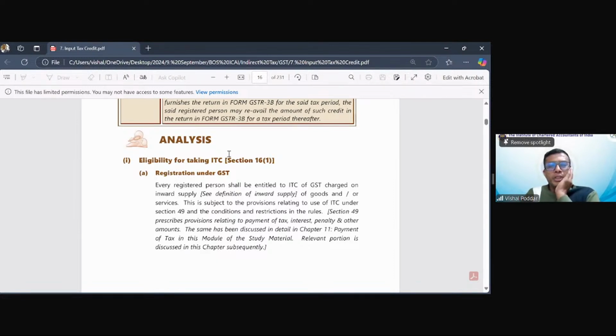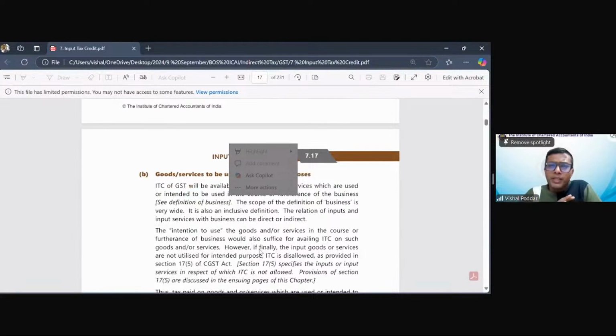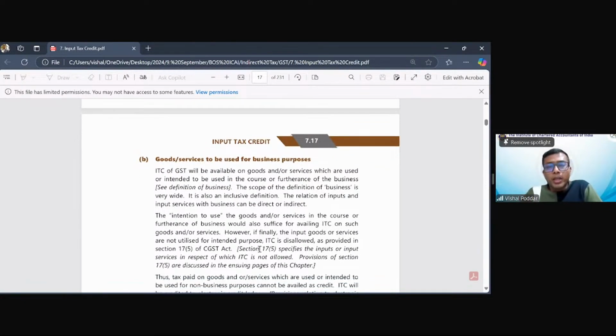Now, 16.1, the eligibility as we studied was that you should be a registered person. Only then we allow you to take credit. Besides that, there is nothing else very special. Once you are a registered person, credit is allowed. But in the same section, the other condition is that the goods should be used for your business.